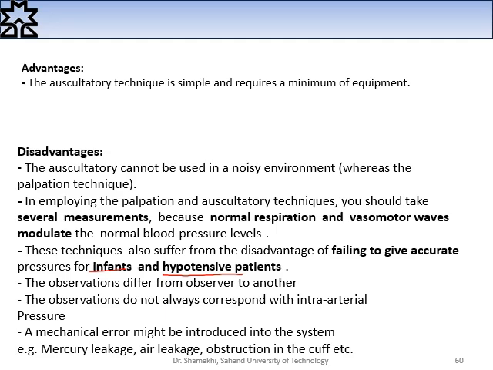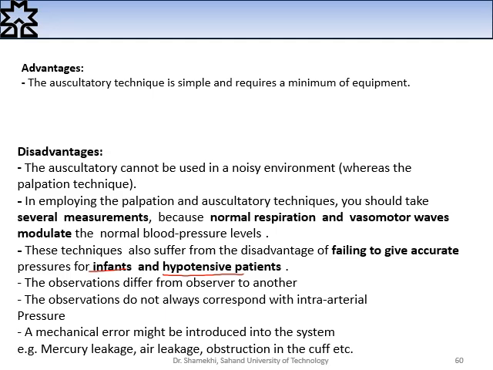The observations differ from one observer to another. The observations do not always correspond with intra-arterial pressure because we have some medium tissues such as fat, muscle, and bones, and these tissues will affect the resultant value for the pressure.